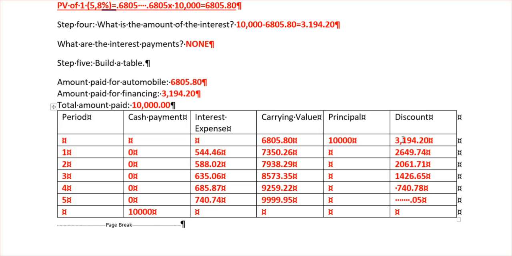I'll take a moment now to say why it's called effective interest. It's called effective interest because a reader of the financial statements would take interest expense as a numerator, and on the denominator they would take the amount of liability, and they would say, what is the rate of interest this company is paying?